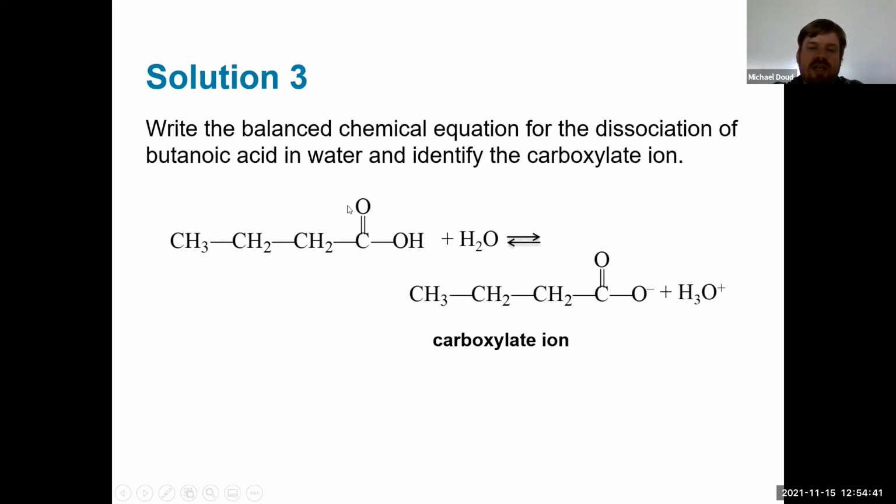So here we have the carboxylic acid reacting with water. It's going to donate a proton that forms the hydronium ion. And then that leaves you with the carboxylate ion that's right here, where again, we have 4 carbons and this carboxylate functional group here, which is a carbon double bonded to an oxygen, single bonded to an oxygen that has a negative charge because it's missing its hydrogen.